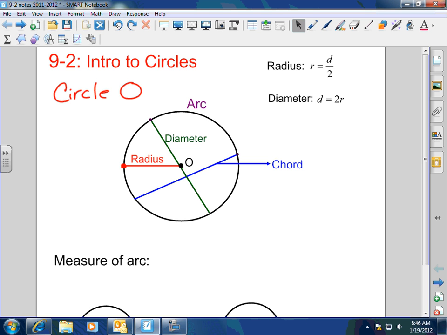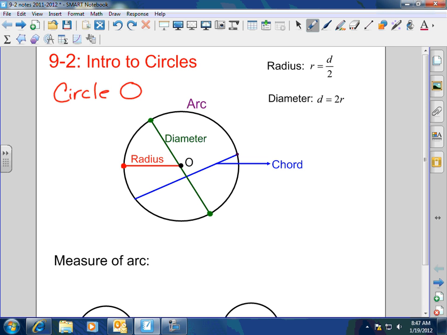Diameter. Now, the diameter extends from one point on the circle all the way to another point on the circle, but it goes through the center. So the radius and the diameter are related.